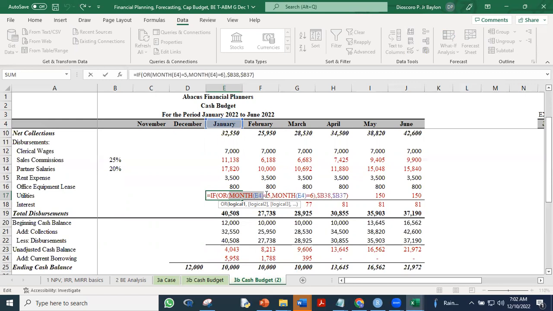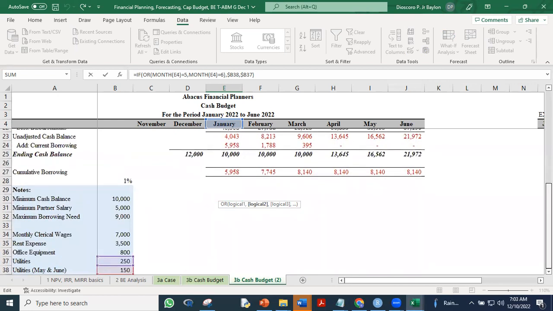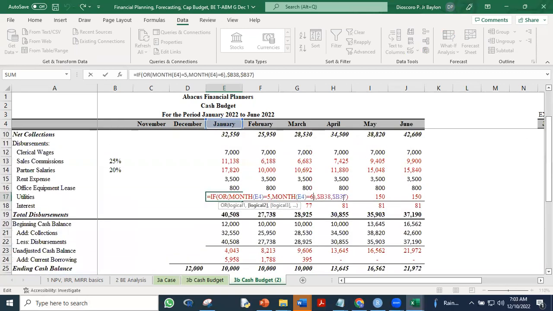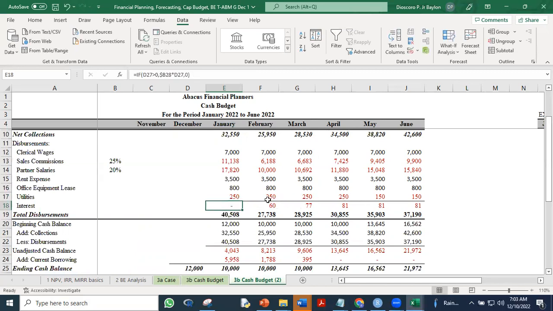So we're saying here, if it's equal to 5 or if it's equal to 6, then the value should be 150. Otherwise, it should be 250. Because we're told that from January to April, the utilities is 250, but for May and June, it's 150. So with this one formula, enter, I just copy this to the right. Then it correctly already gives us the utilities.